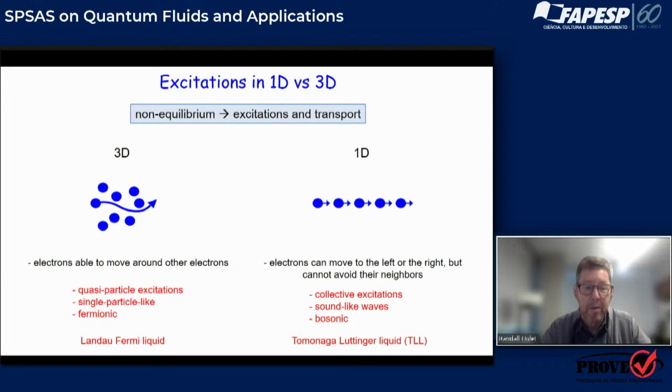But in 3D, electrons are able to move around other electrons. So if there's an excitation, if one electron is moving, it can move around other atoms or other electrons and not be perturbed by them. In which case, the quasi-particle excitations are really single particle-like.